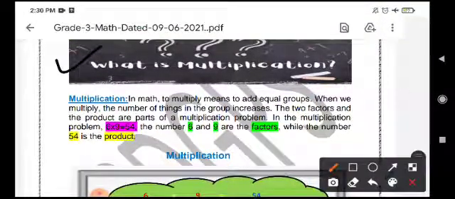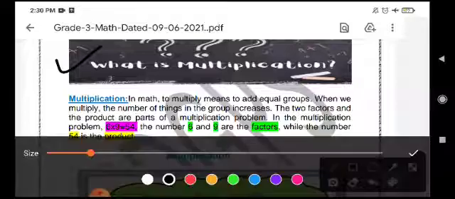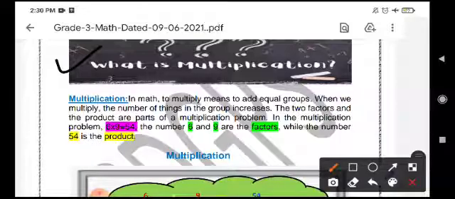What is multiplication? In maths, to multiply means to add equal groups. What does equal groups mean? You know, dear students, multiplication is one of the 4 basic operations. Multiplication we show by the sign cross.